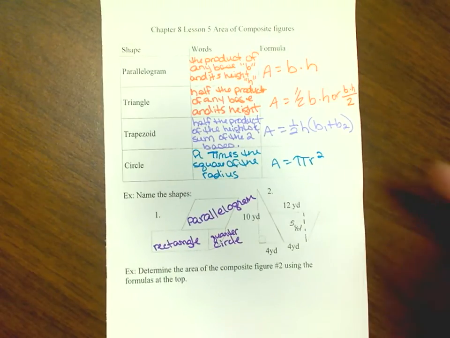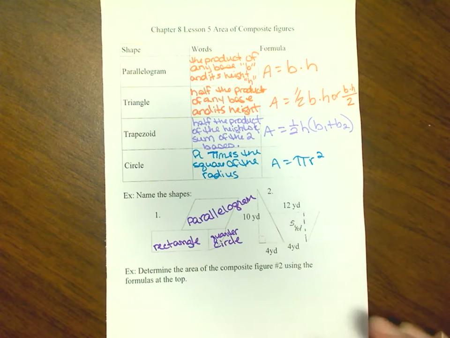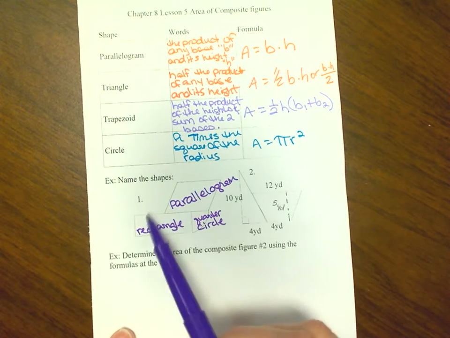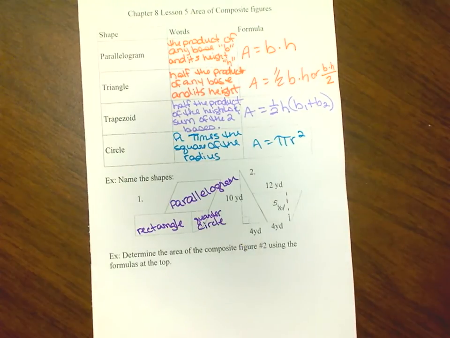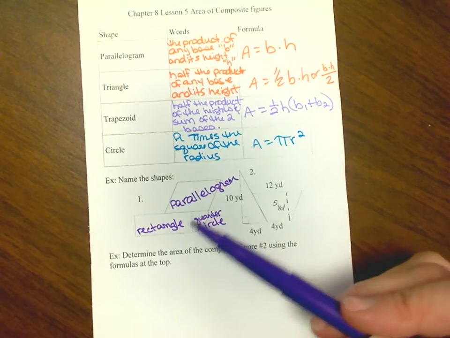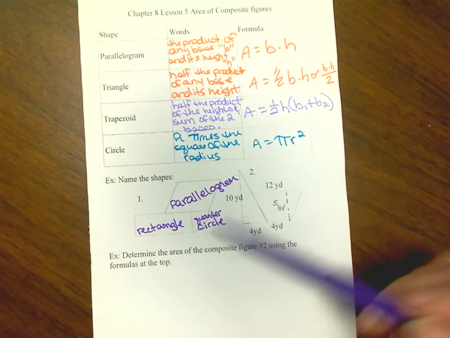It's important that you know what your figures are, and then you have to know which formula to use. Now let's look at this one. If we were to find the area of this, we would take the formula and put it in each of those figures with their measurements, but we're not going to do that. This was just practice naming your shapes.